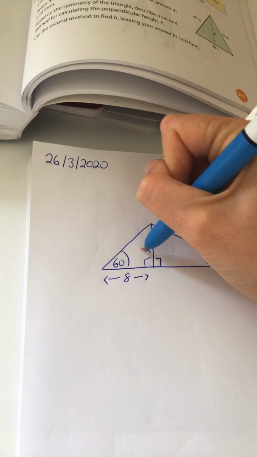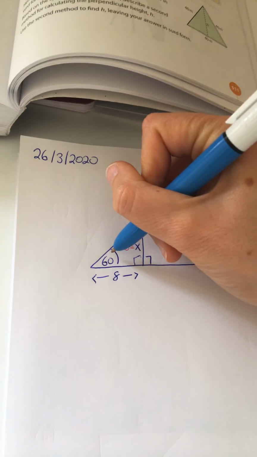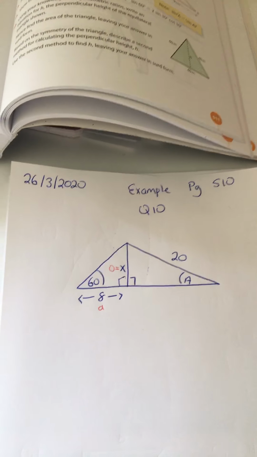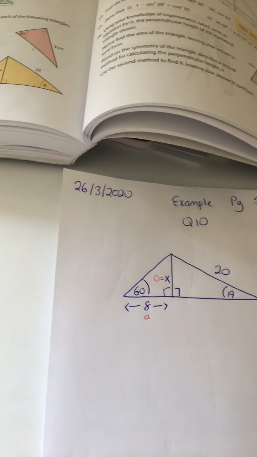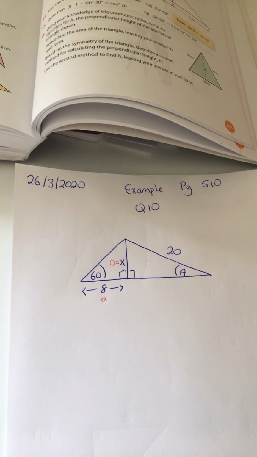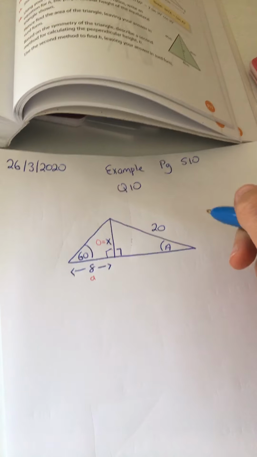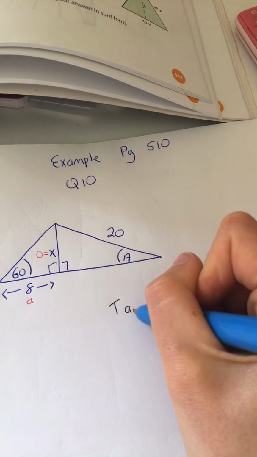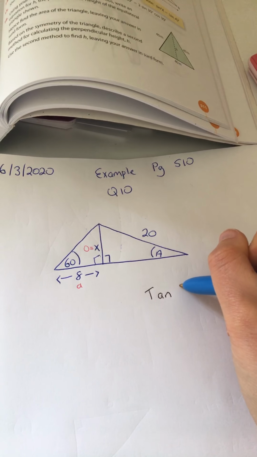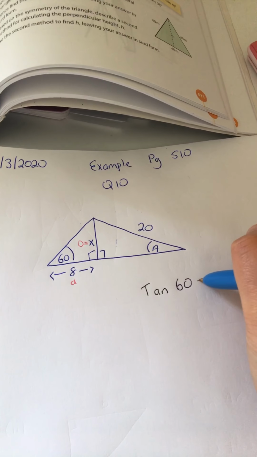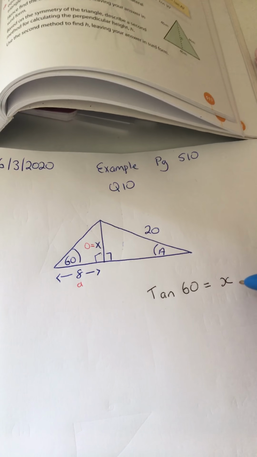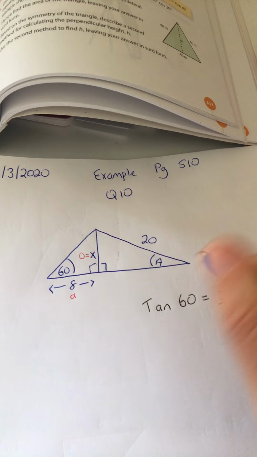x is opposite the given angle and 8 is adjacent to the given angle. So we know now we're going to use tan. We'll have tan 60 equals opposite over adjacent, which is x over 8.